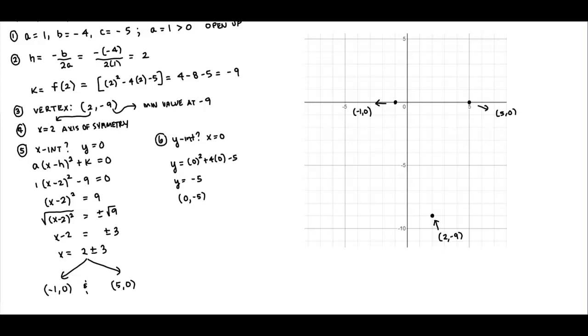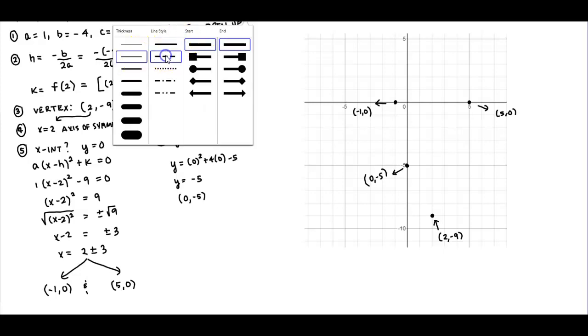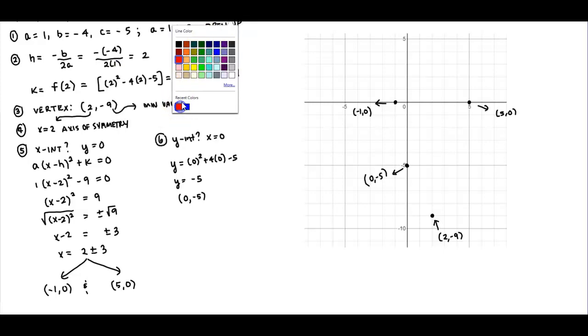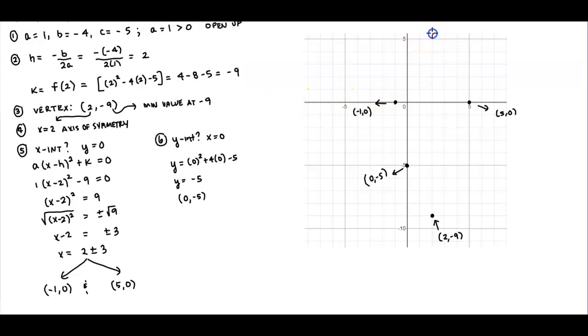And we also have a y-intercept at 0, -5. Okay, and then we also know that we have an axis of symmetry at x is equal to 2. So let's go ahead and draw that. So at x is equal to 2, we know that we have an axis of symmetry.